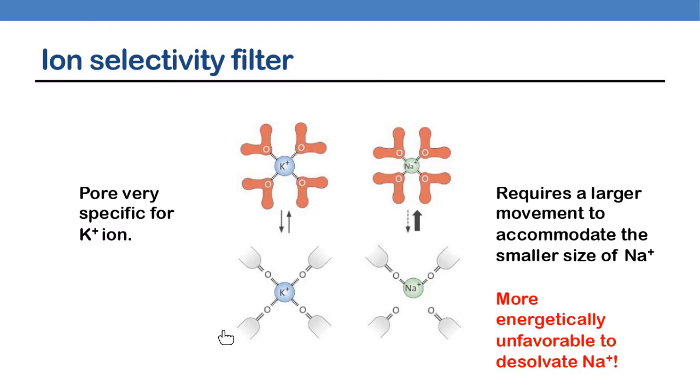So I feel like that wouldn't properly fit into the channel. So again, this is all showing how the specific size of this pore is what is able to select that one very specific ion. It's pretty impressive that nature is able to come up with this.